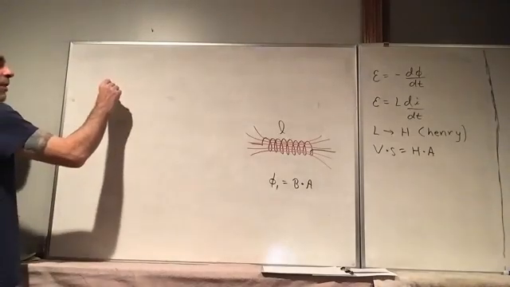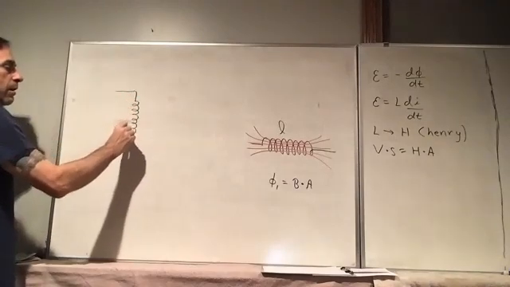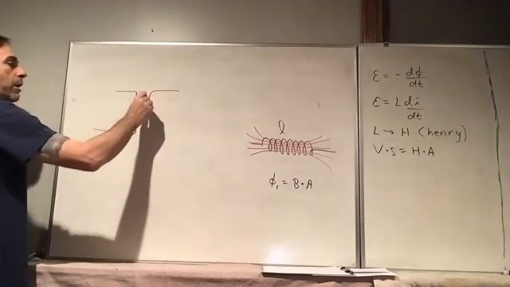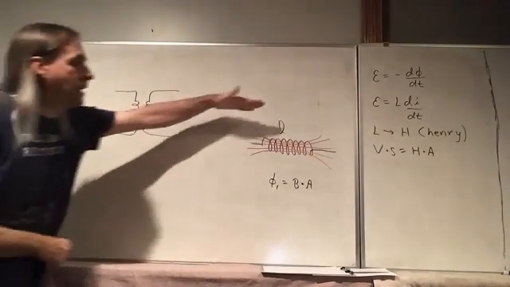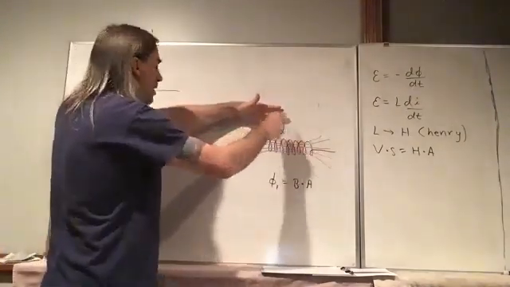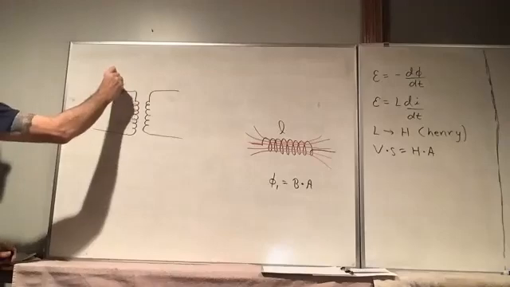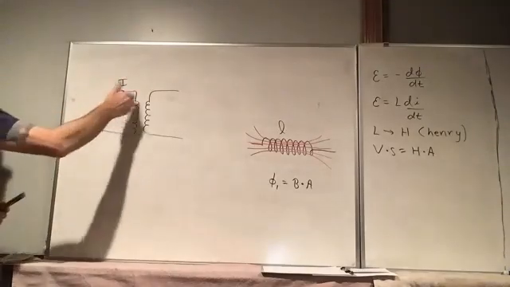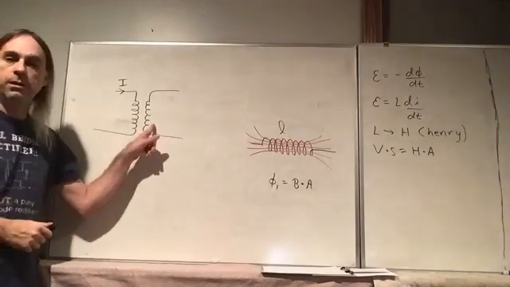And just real briefly, say we have a situation like this, where we have one coil here, and then another coil right next to it. Say we put another solenoid here. If we're powering this one, we have a current here that's going to create a magnetic field at the location of the other solenoid.